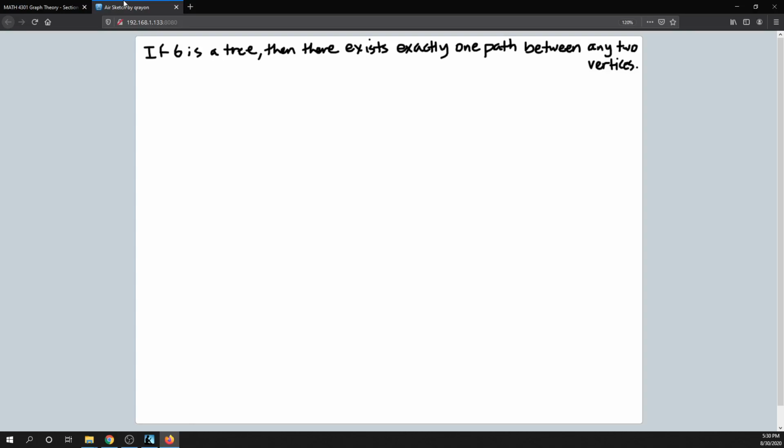Okay, so let G be a tree, and suppose there exist vertices A and B of G, and two distinct AB paths.